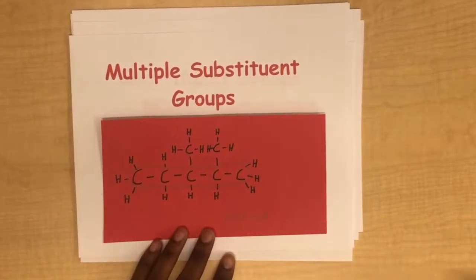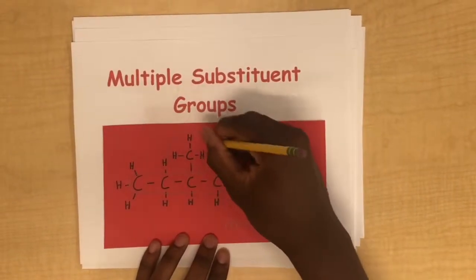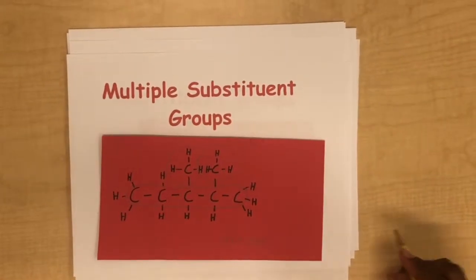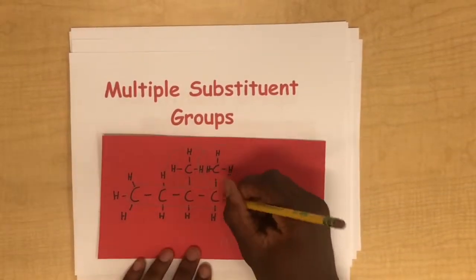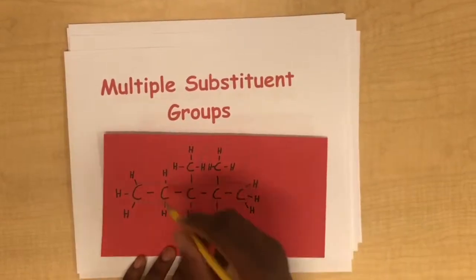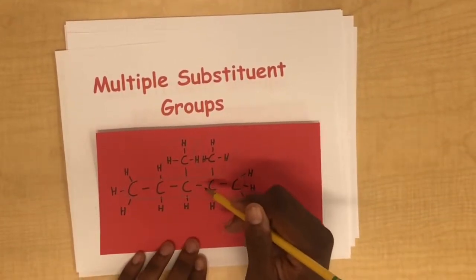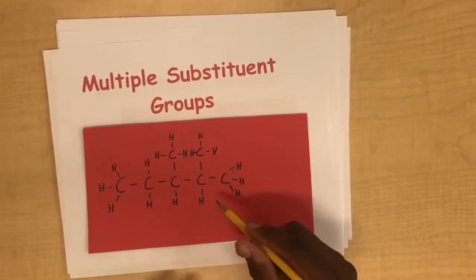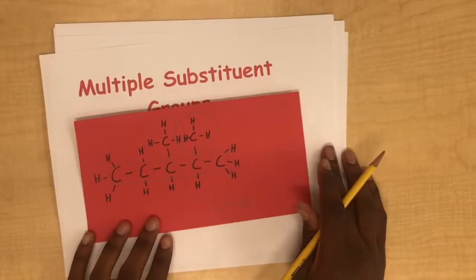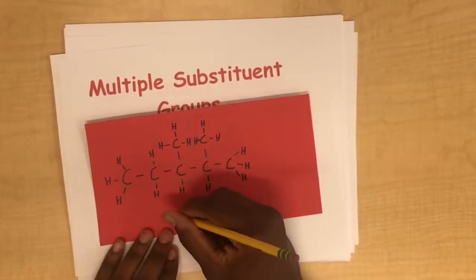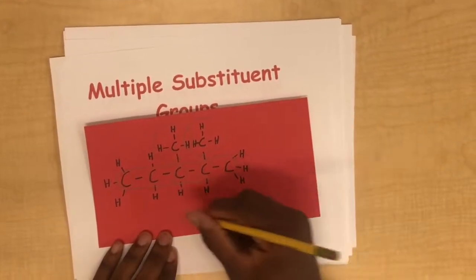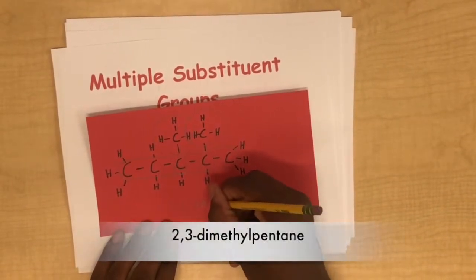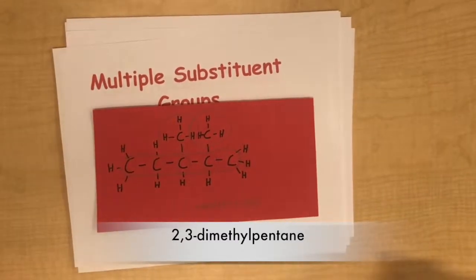We have 2 substituent groups here, and they're placed on the 2nd and 3rd carbon, as opposed to the 3rd and 4th carbon from the left. Therefore, since the 2nd and 3rd carbon create the lower combination of numbers, we're going to use that to label the 2 substituent groups. So they would be labeled 2,3-dimethyl, because there are 2 of them, 2,3-dimethylpentane.